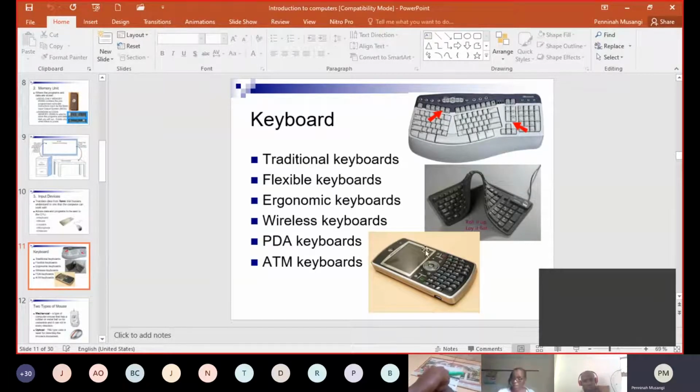Remember these types of phones, and even nowadays we have some. That kind of keyboard is called the PDA, or the personal digital assistant keyboard. Then we have the ATM keyboards. When you go to an ATM, that is where you input the details. And I'm not talking about the touch screen. I'm talking about the keyboard where you key in. That is also another type of keyboard.